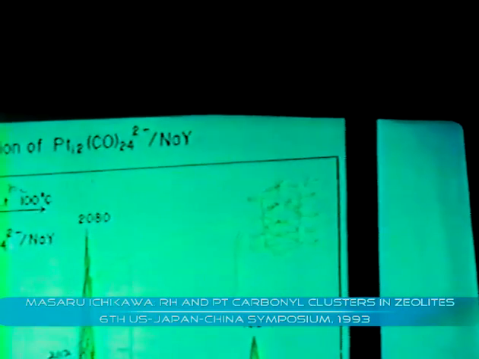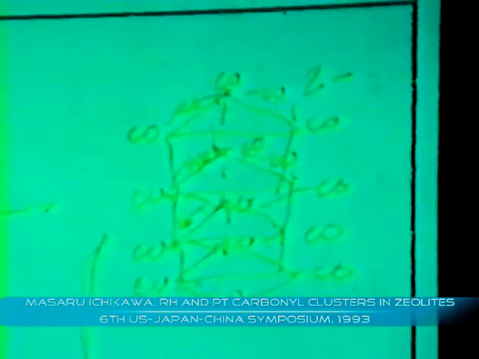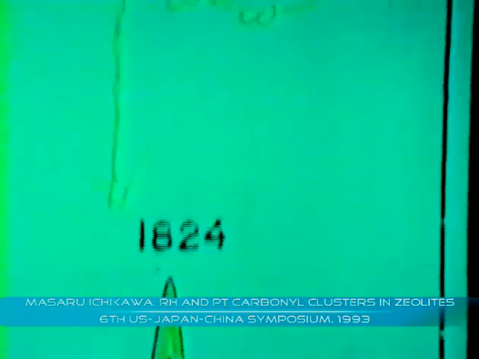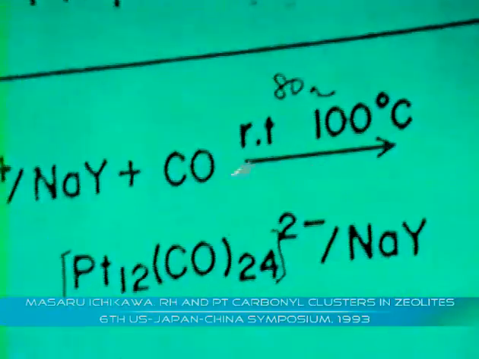This is one of the observations to confirm the series of the carbonyl formations inside of zeolite, sodium zeolite, starting from the platinum ion exchanged sodium Y in contact with carbon monoxide.